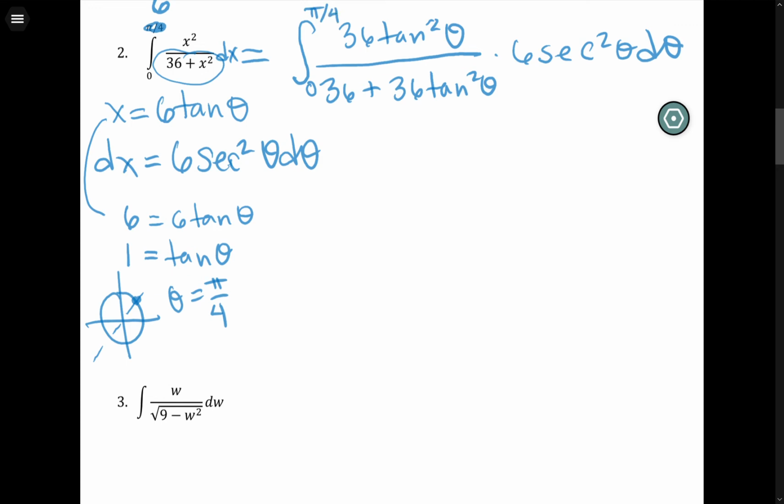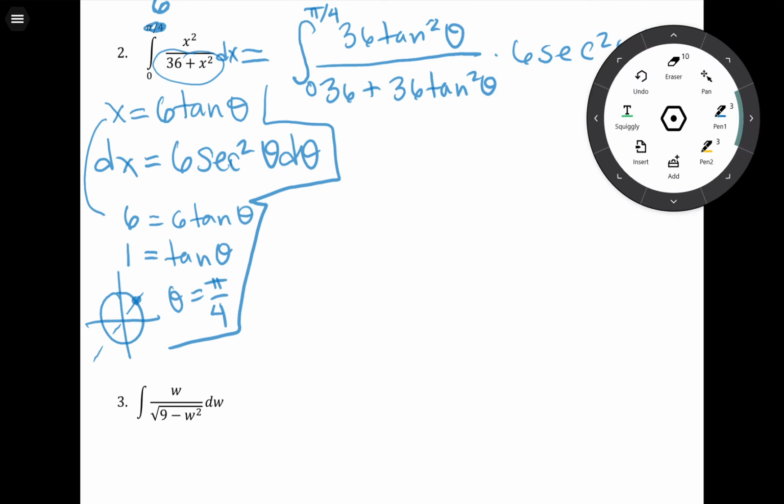Again, you do have the option of just switching back to x's when you get done with this, and that would be fine. If you're going to do that, then anytime you write 0 and 6 as limits of integration, you have to write x equals so that I can see that you know those are not actually theta values.